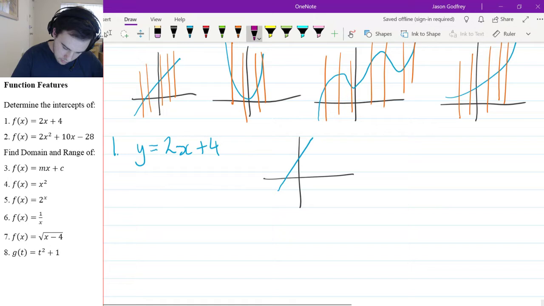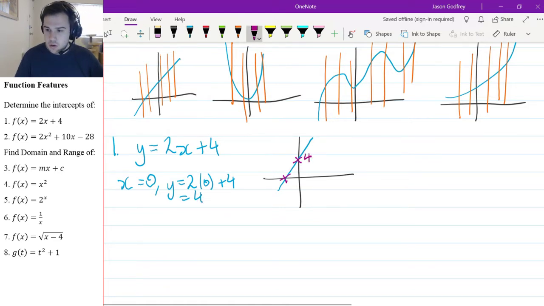So here it's got a y-intercept and an x-intercept. If I ask you to find the y-intercept, you'd substitute in when x equals 0 into the equation. y equals 2 times 0 plus 4, which is 4. So the y-intercept is 4.